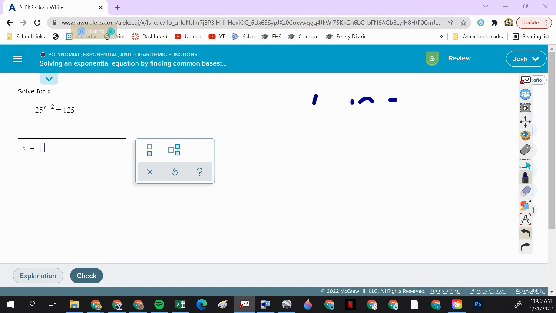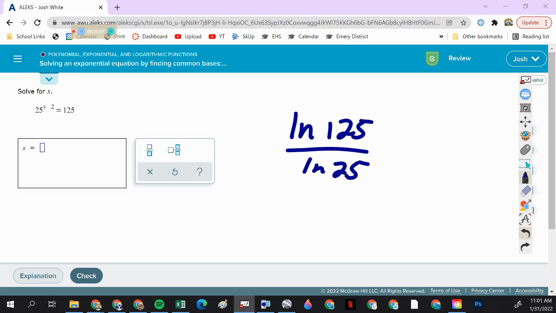Use a calculator. So he's asking about ln 125 and ln 25. Normally no, but this one, if we went backward from the change of base formula, it would be log base 25 of 125.